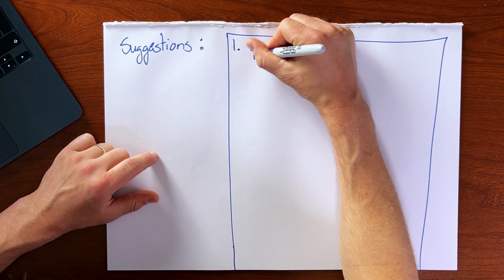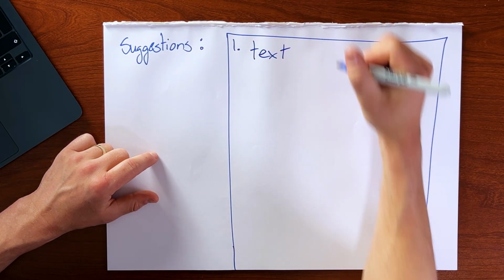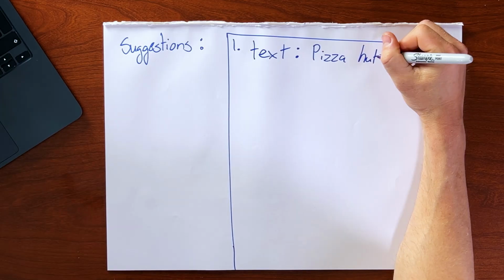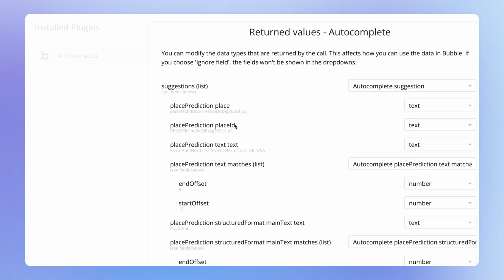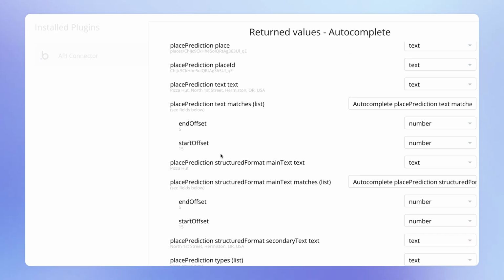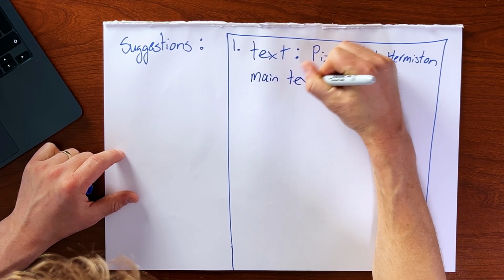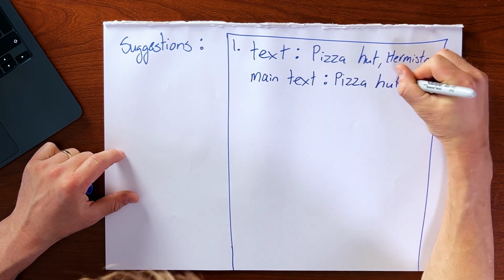Within this first suggestion, the value of this field text is Pizza Hut, Hermiston. And then within this one suggestion item, we've got another value called the main text. The main text is Pizza Hut.